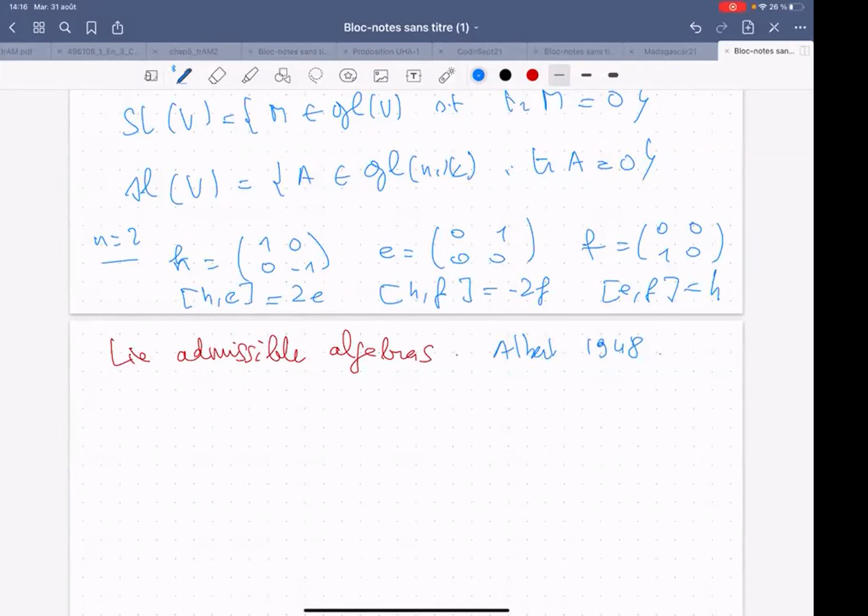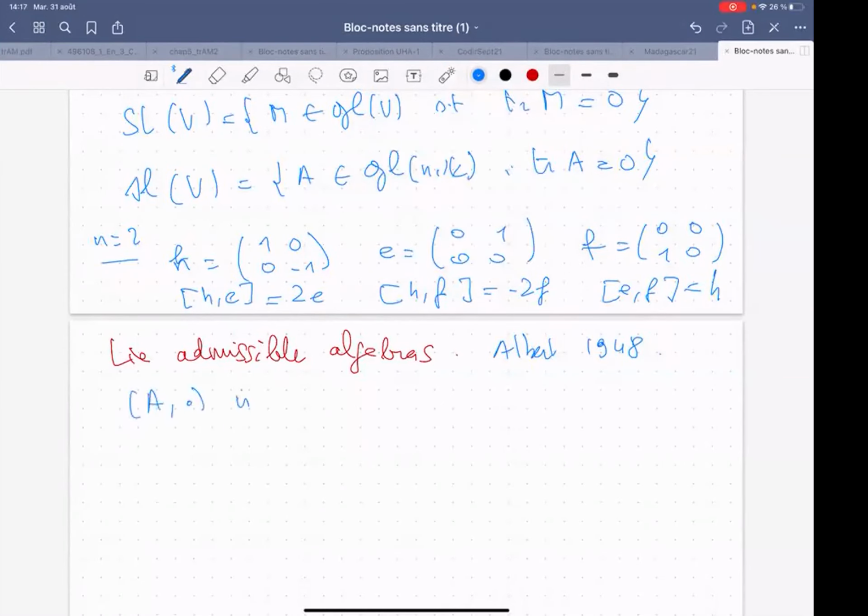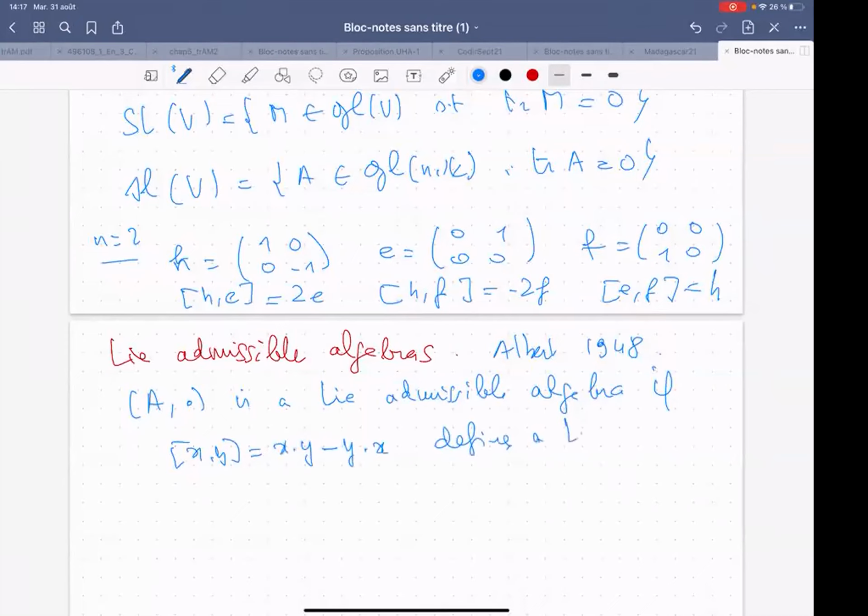And what is a Lie admissible algebra by definition? Then if we consider A, that is a Lie admissible algebra if the bracket [x, y] defined by the commutator defines a Lie algebra on A. Okay.